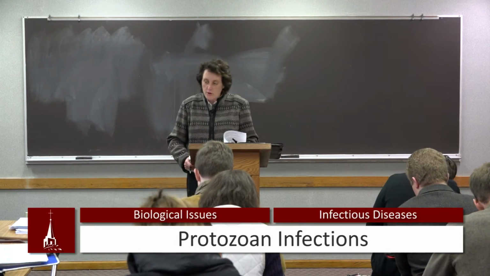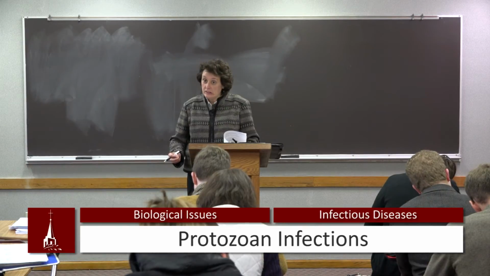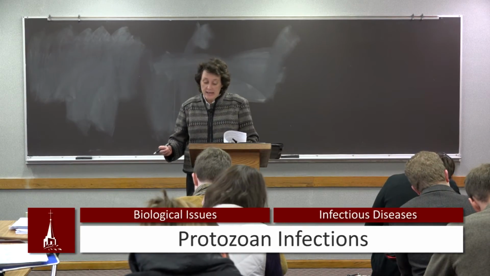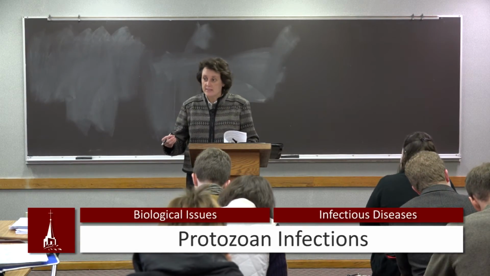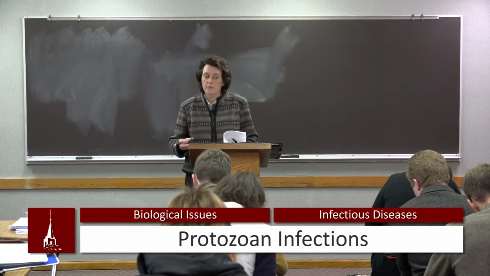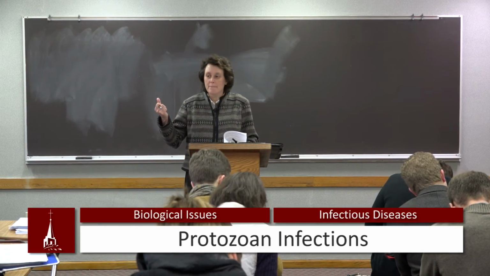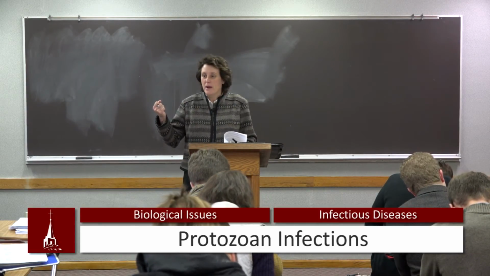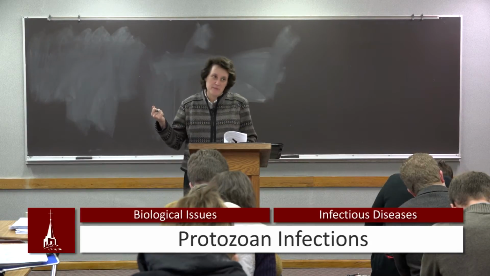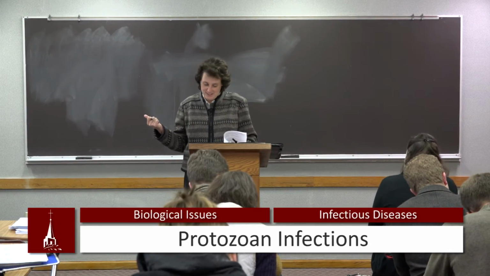Protozoans are larger, more complex cells that are animal-like, and they are also very motile, which means they are able to move on their own. The first protozoans that should come to your mind are the amoeba and the paramecium. Paramecium is not pathogenic. The amoeba is when it gets in your digestive system.